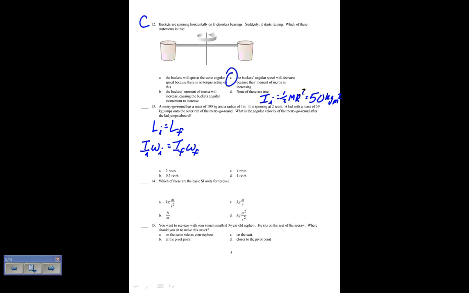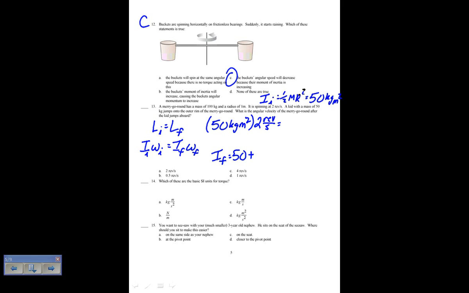That's just a disk. All right, so I get 50 kilogram meters squared. It's my initial moment of inertia, times my omega initial, which is 2 revolutions per second, is equal to my I final. And my I final is going to equal 50 plus the moment of inertia provided by the boy jumping on.